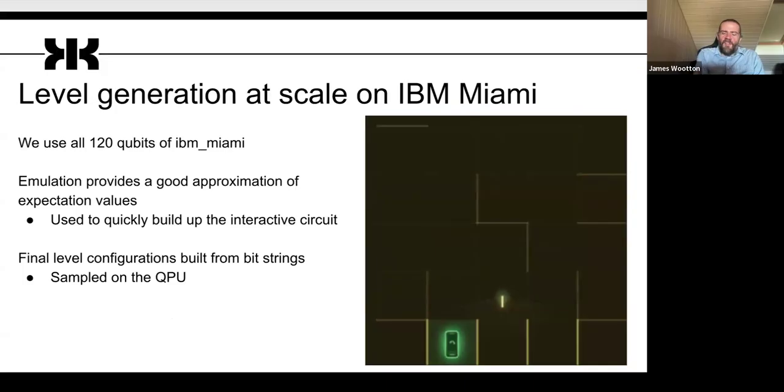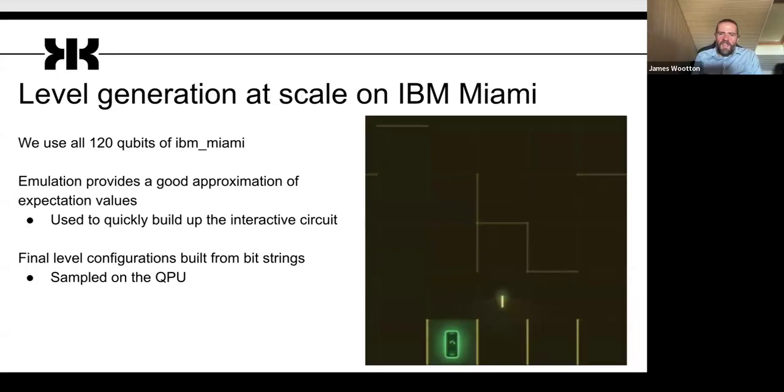So we ran this on IBM Miami, which is a 120 qubit quantum computer. And we use a mixture of emulation and the real QPU. So for this iterative process of going a little bit towards the ground state, redoing the tomography, going a little bit towards the ground state, redoing the tomography again and again and again, this builds up the circuit that we need that will get us towards the ground state.